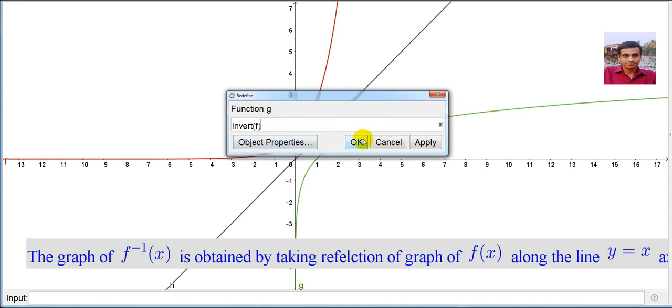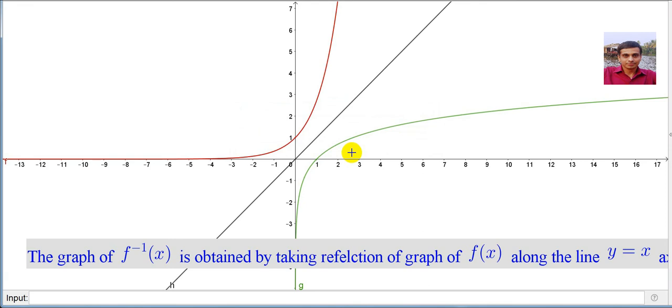As you know, the logarithmic function is the inverse of the exponential function. Can you observe some relation between these two graphs? The graph in green color is the reflection of the graph in red color along the line y is equal to x. So whenever functions are invertible, we have this relation. The graph of f inverse x is the reflection of the graph of f of x along the line y is equal to x.